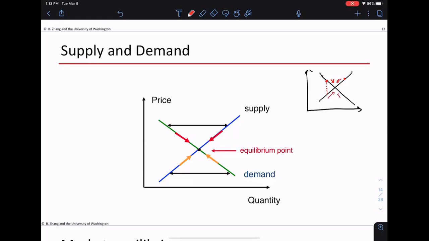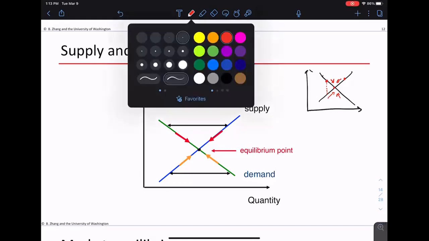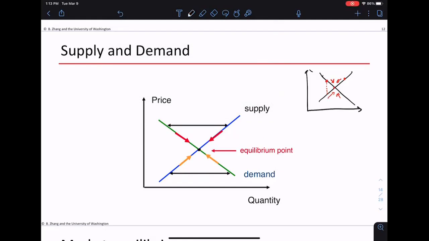So it turns out you always move to this equilibrium point, and you stop moving if you're at this equilibrium point. Okay, so this is a notion of equilibrium, as neither party wants to move. This is called equilibrium because if you look from a supply perspective or the demand perspective, they don't want to move. There's no reason for them to move.